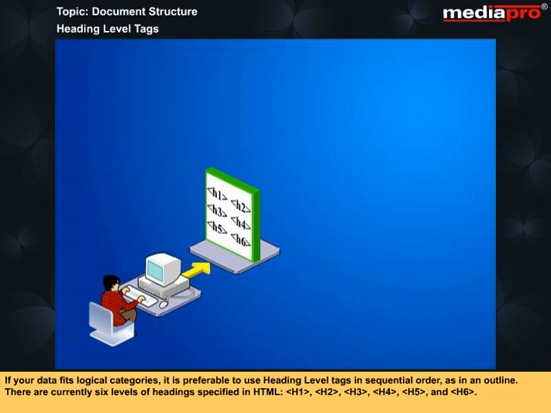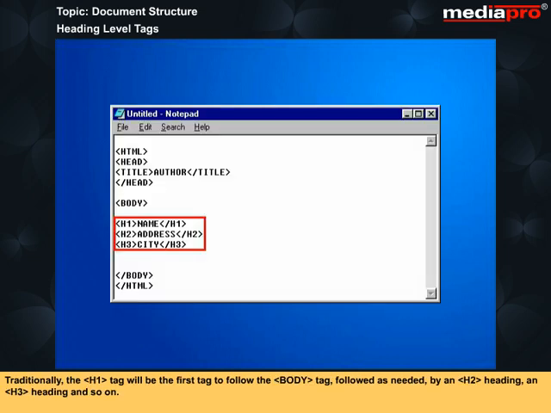There are currently 6 levels of headings specified in HTML: H1, H2, H3, H4, H5, and H6. Traditionally, the H1 tag will be the first tag to follow the body tag, followed as needed by an H2 heading, an H3 heading, and so on.